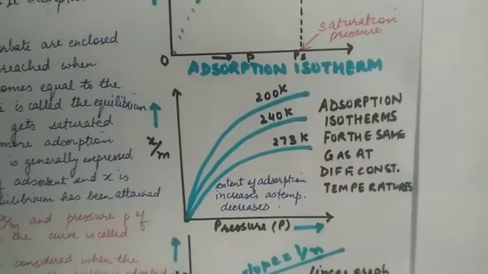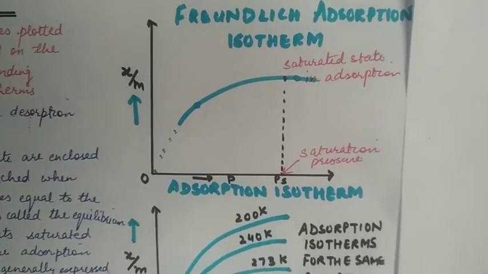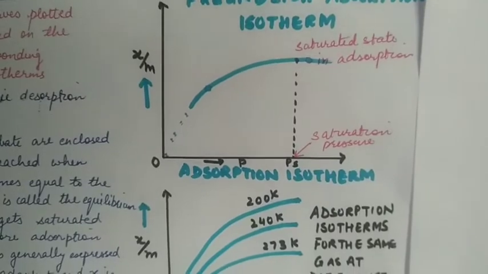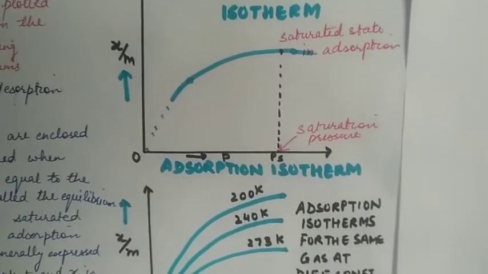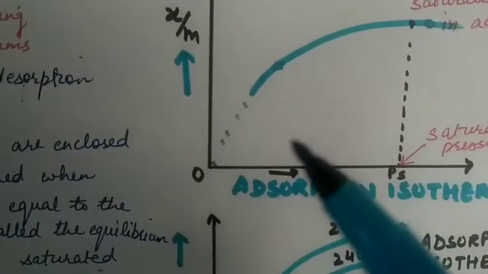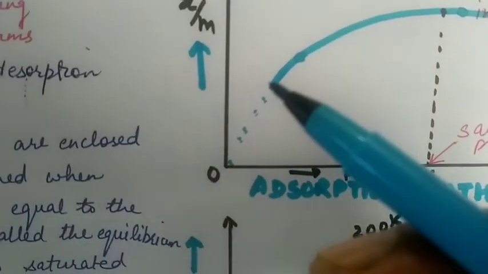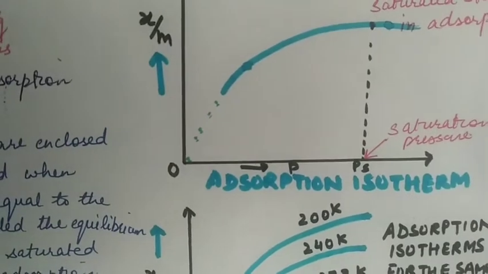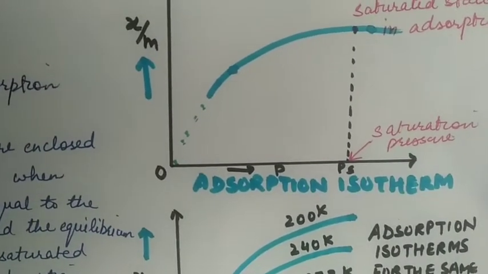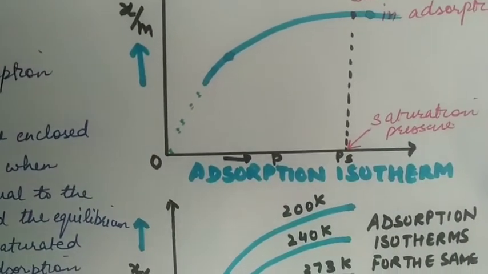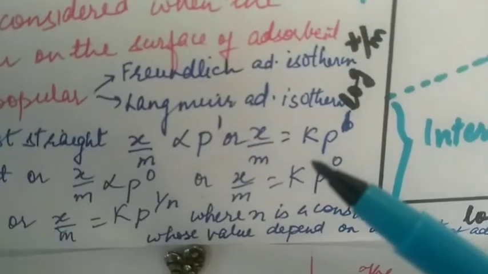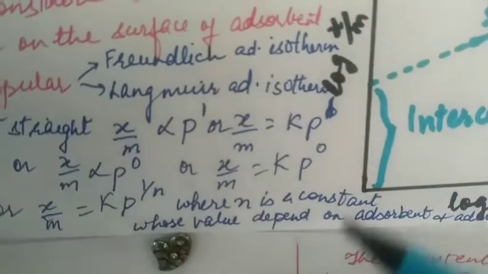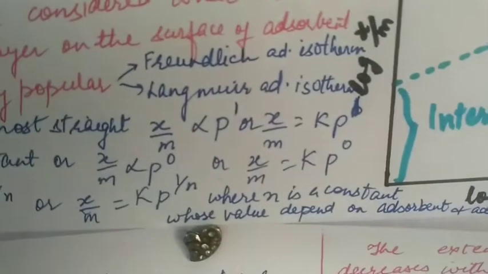Now Freundlich observed the behavior of gas in terms of extent of adsorption with the pressure. When the pressure is very low, the graph is almost a straight line, showing that the extent of adsorption is directly proportional to pressure, or x by m is equal to k into p raised to power 1.